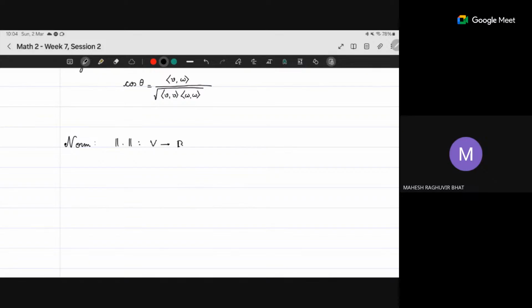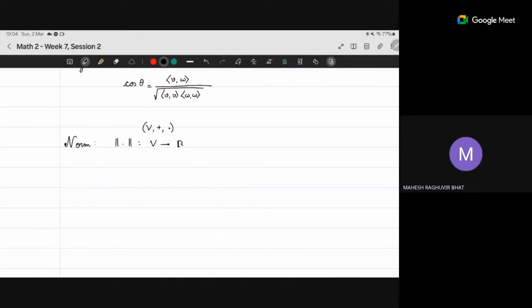But I'll give the general notion of a norm as well. So norm is like length. On a vector space V with a plus and a dot, now don't assume that there is an inner product. Just assume that there is a vector space V with a plus and a dot. So it's just a vector space.